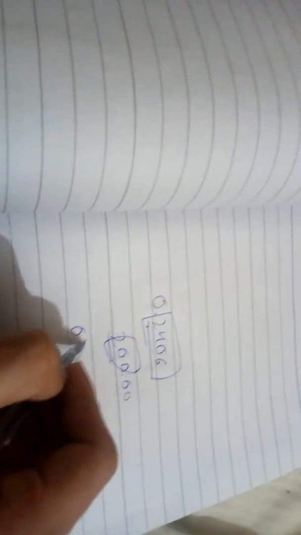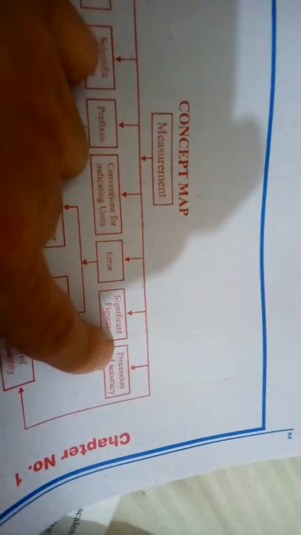In a quantity like this, we have 5 digits, but we have 3 significant figures. In this, we have these 2, and that's it. You can easily understand this. It's a very simple concept. You can easily understand it by looking at the article in the book. So significant figures are done.